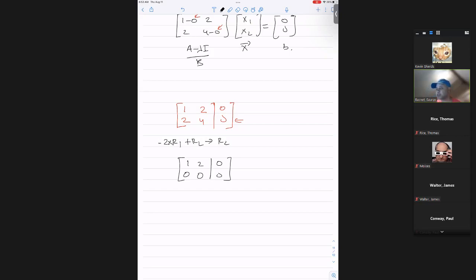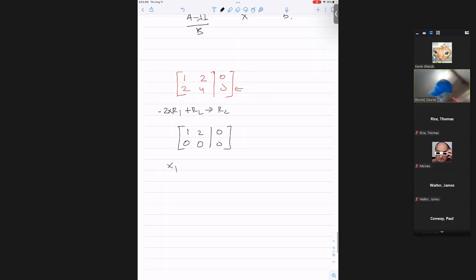Am I right? So the equation is x1 plus 2x2 equals 0, so x1 equals minus 2x2. Like I explained in class, x1 and x2 can be anything that spans the same line. It depends on what you assume for x1 or x2.